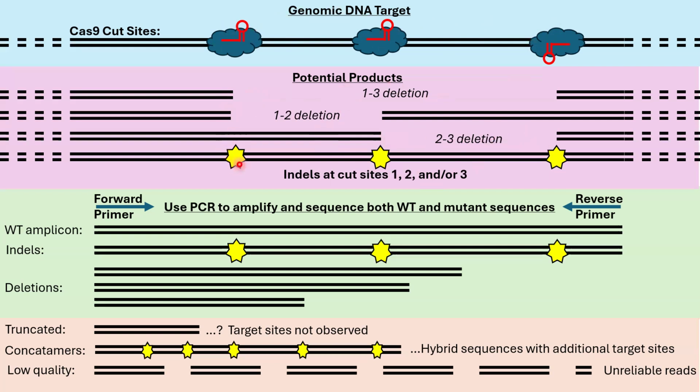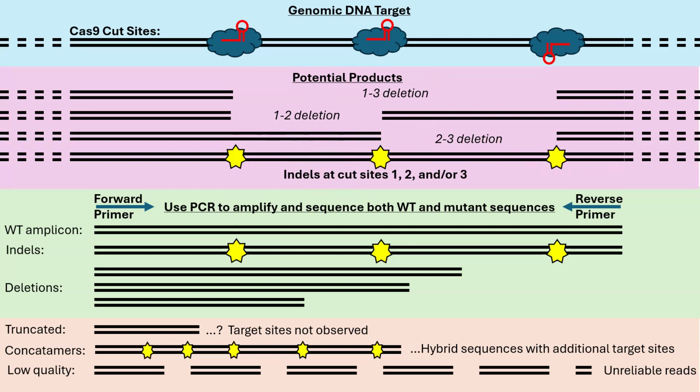We could have small insertion deletion mutations at any three of those locations as well. So all of these things we need to keep in mind as possible products because they're all going to affect the expression or translation of our gene in different ways. So we want to be able to capture all of these different possibilities.